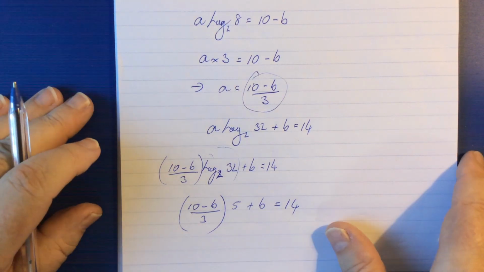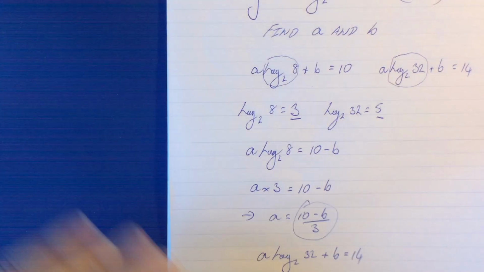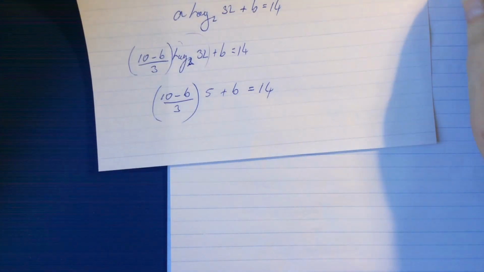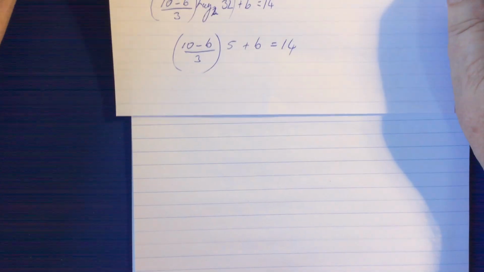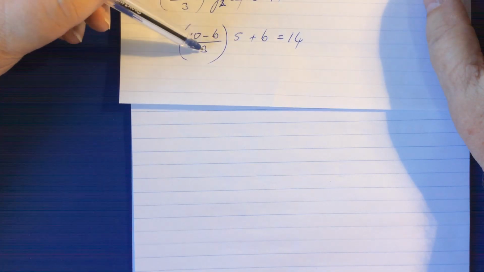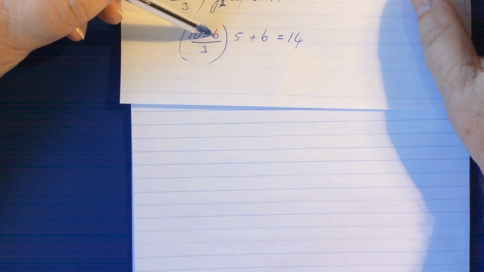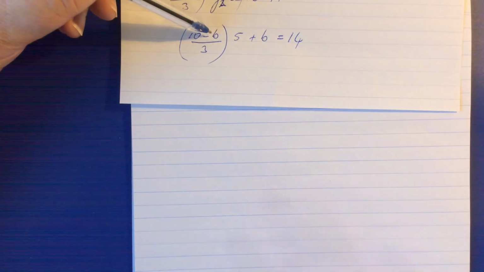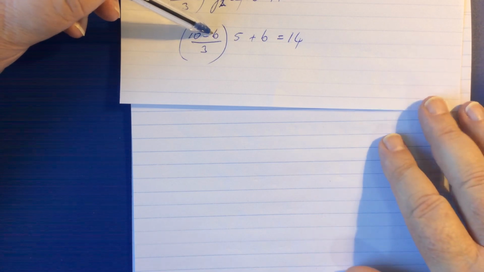Well, let's get some more paper. We're going to need a little bit more paper. So I had got to the point where I had an expression (10 minus b) over 3. I hope I said b for that, not 6. My b's and 6's are very, very similar, and sometimes I even get confused.